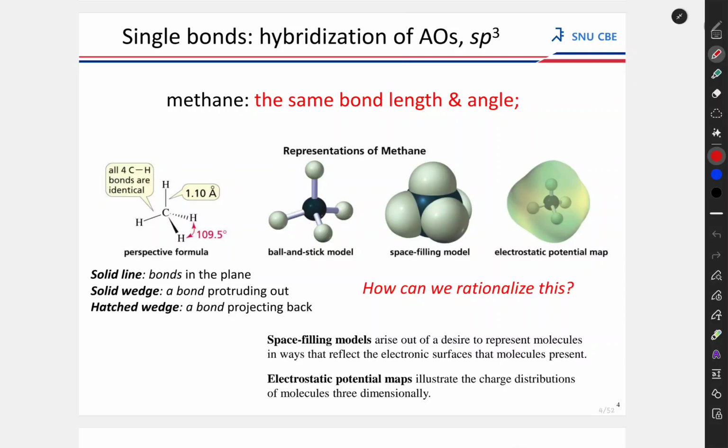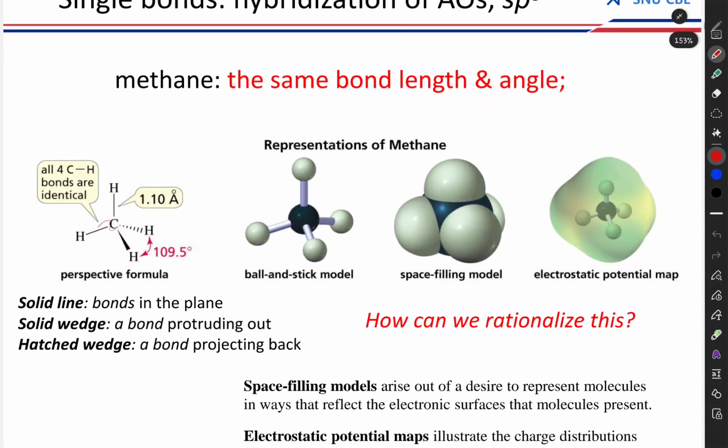And with the perspective formula, you can basically draw the 3D structure in the plane of your paper, right? So this solid line indicates a bond in the plane. So this carbon and two hydrogens, these three elements are in the plane of your paper.